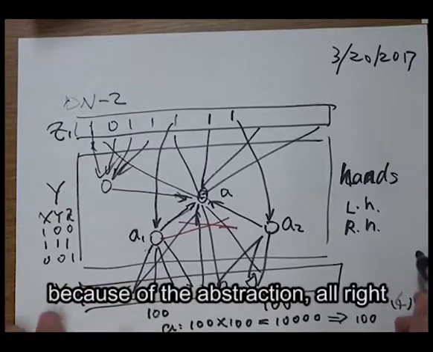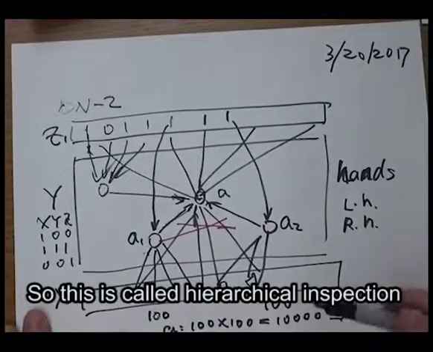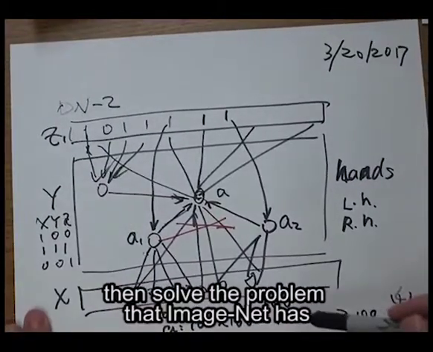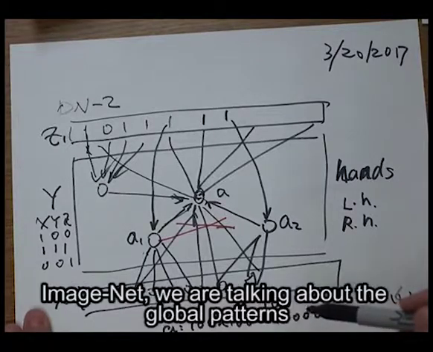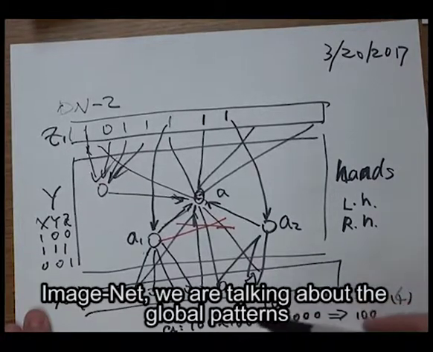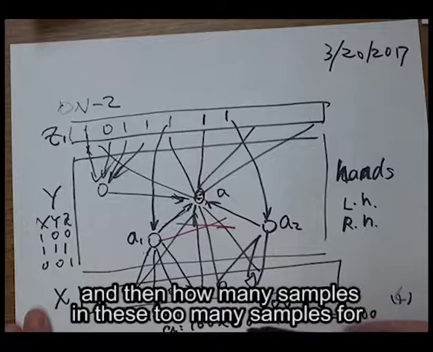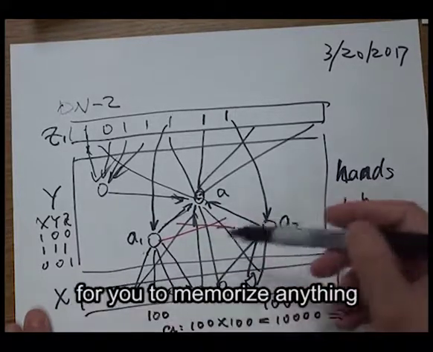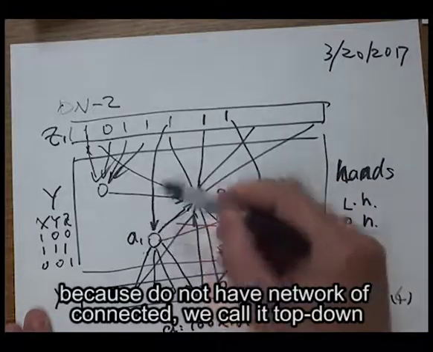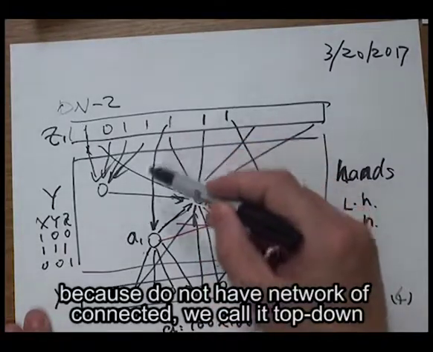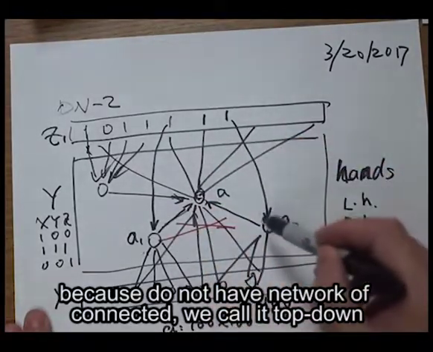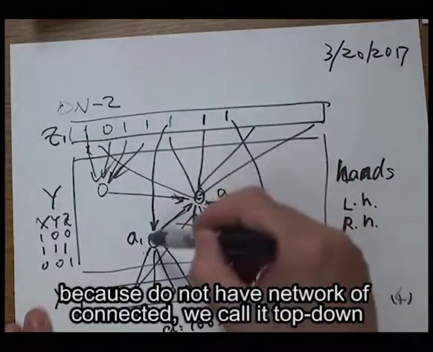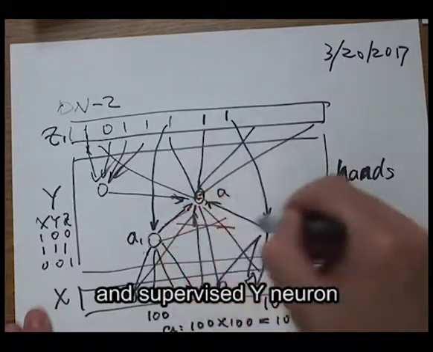All right. So this is called a hierarchical abstraction. Then it solves the problem that ImageNet has. ImageNet talks about the global patterns and then how many samples, and there are too many samples for you to memorize anything because you do not have a network of connections, which we call top-down, supervised by neurons.